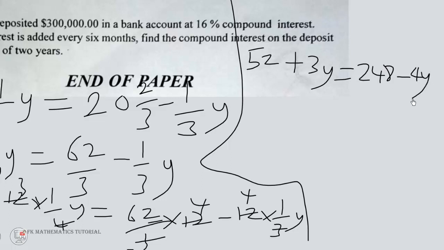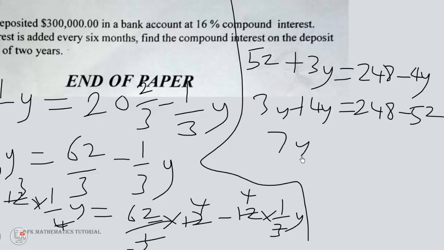So 3y plus 4y will be equal to 248 minus 52. So 7y is equal to 196. Divide both sides by 7 to get 28. So y is 28. Therefore, the number is 28.